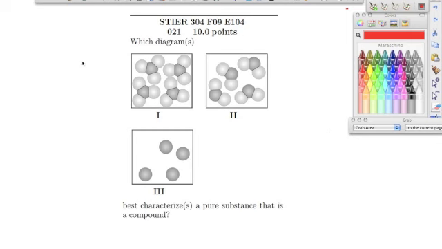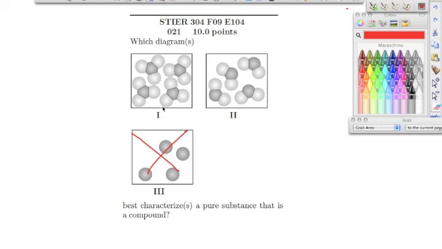So in looking at these, we can already see that number 3 is not a compound. Number 3 is going to be an element. It is a pure substance, but it's not a compound, because we can only see that it has one color atom. So that's definitely out. Now when looking at number 1, we see that yes, it is a compound, and the compound is made up of 3 light atoms and 1 dark atom. And we see that each one of the compounds within it is exactly the same.